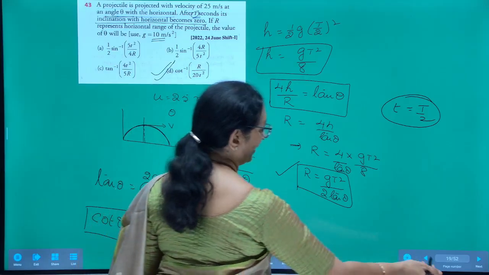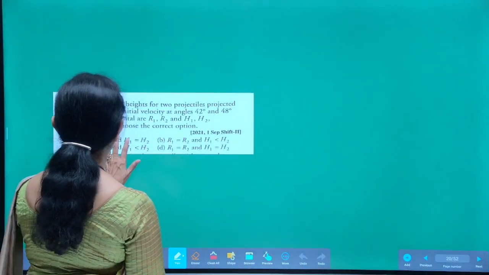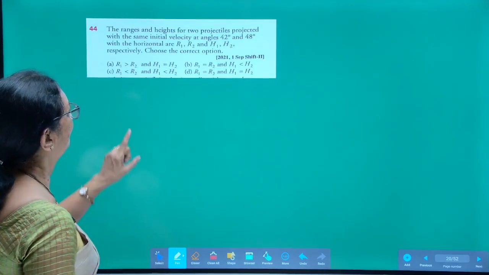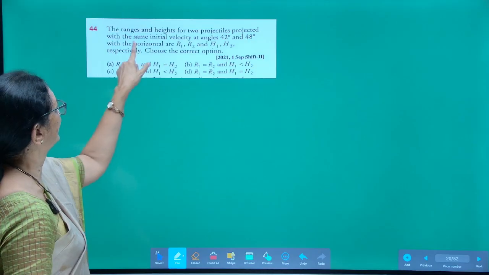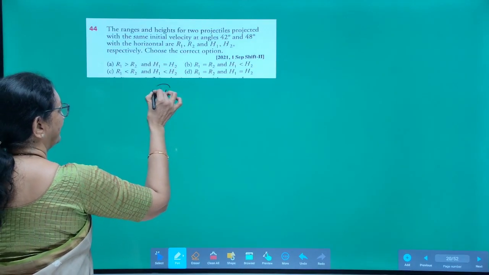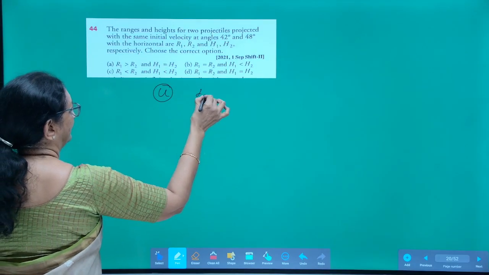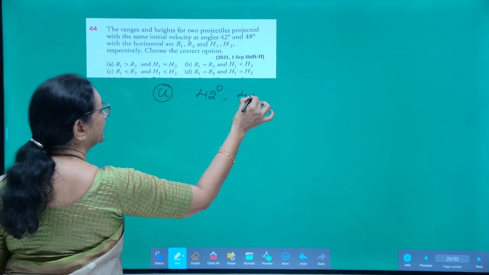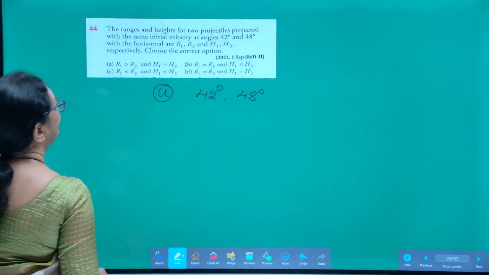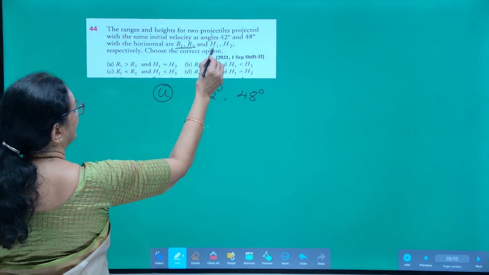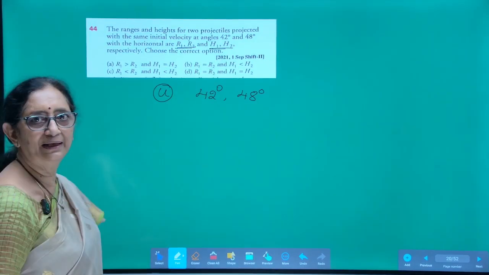Okay? Now, look here. The ranges and heights for two projectiles projected with the same velocity of projection. Angles of projection are given as 42 degrees and 48 degrees with the horizontal. Ranges are R1, R2, heights are H1, H2.